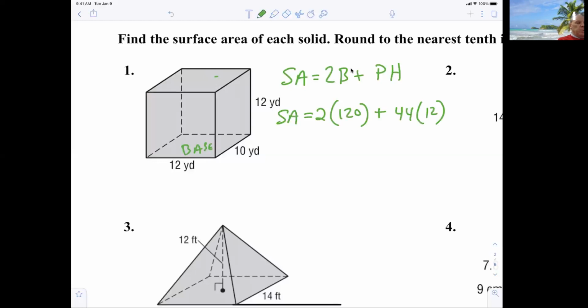All right, and so then we say surface area is equal to someone. How much, Sam? 768 what? Y'all are parrots. 768 what?